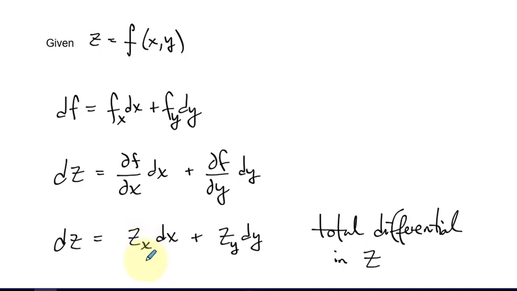So if you look at that rise over run times this differential in x, you're actually getting the change. Basically a rise, which of course could be negative, but it's the change in the z value based on some incremental change in x and the rate at which z is changing with respect to x at a particular point.